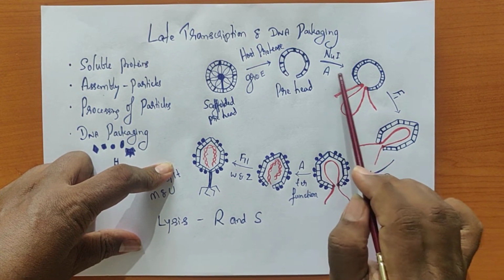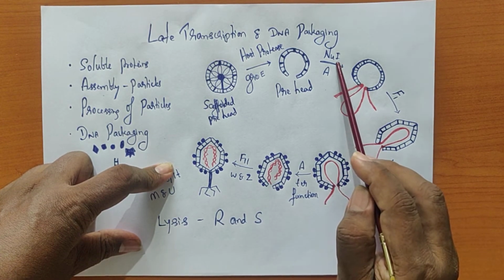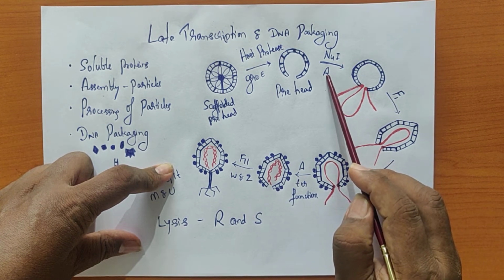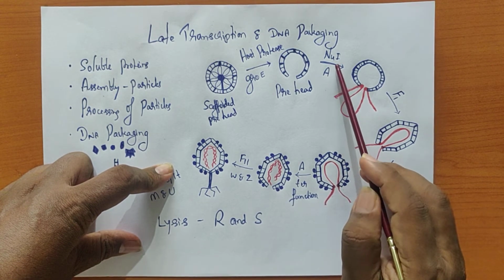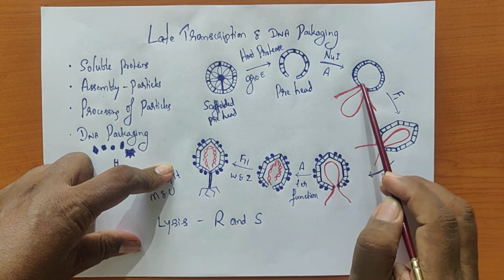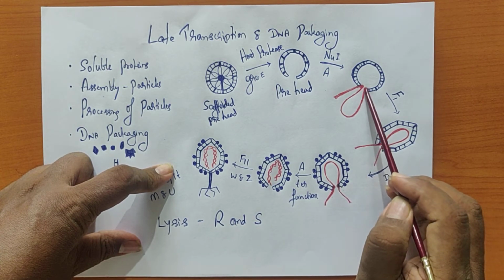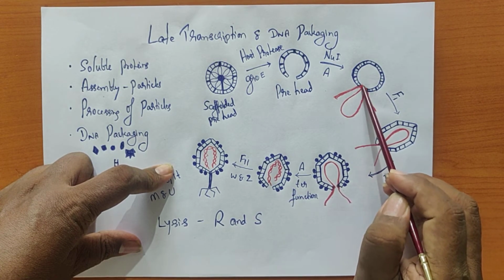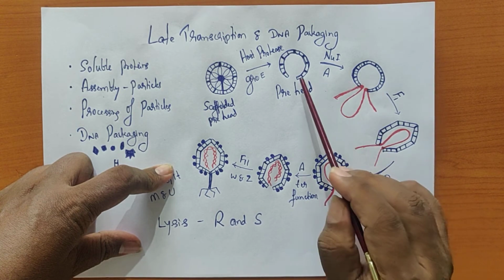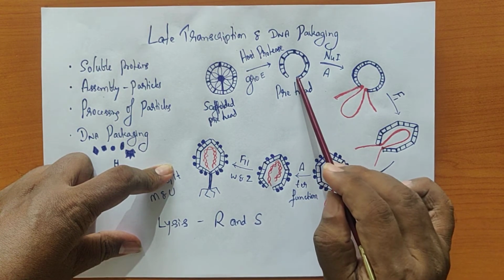Now that one is carried out by the NU1 gene protein, another one is A gene protein, in fact. What they do is that they will specifically bind to the 2 cos site and then they will bring these 2 cos site very close to the mouth of the pre-head.